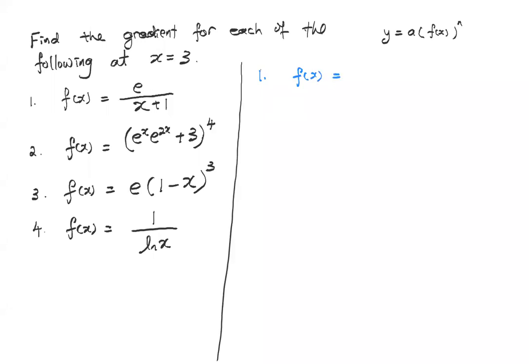Okay, by the way, e is a constant. So this one, you bring the whole thing up. So it becomes (x plus 1) to the power of -1. So you are in this form already, you see? Okay, so now you can start to differentiate by using the chain rule.